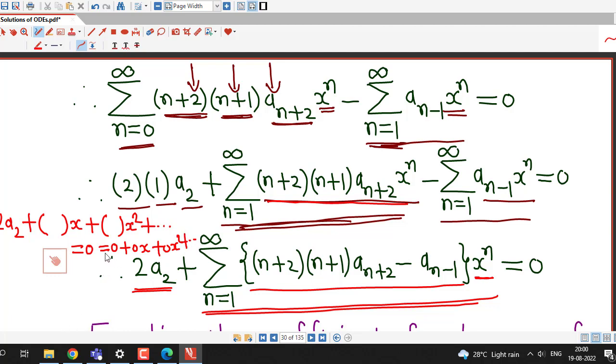So this is possible if and only if all these quantities, that is coefficients of x and constant term 2a2, all these coefficients are 0. That means this equation is satisfied if and only if 2a2 equal to 0 and this coefficient of x^n equal to 0.